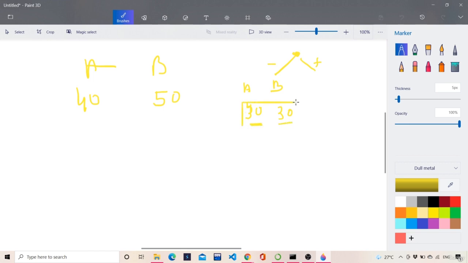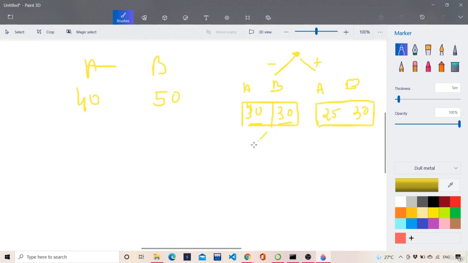So this is still impure, because this node has impurity of both A class and B class. My requirement is that I should only get either A class or B class. Until I get either A class or B class, I have to keep splitting. For positive class, let's say A class got 25 correct samples and B class got 30 correct samples over here, still there is impurity here.